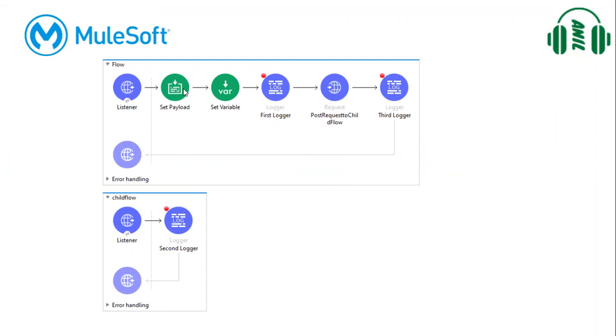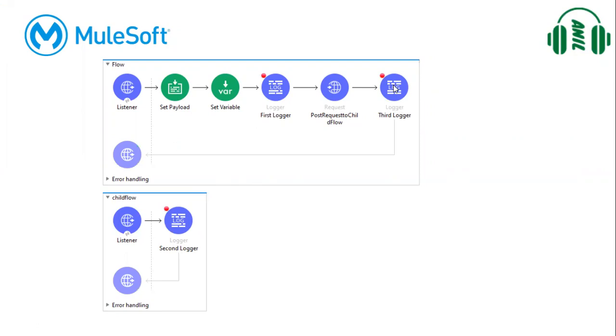As I said, at this place we are calling the child flow using HTTP request, right? So here we are losing our attributes, meaning we are losing our URI parameter and query parameter. Coming to variable, you cannot access the variable in the child flow, but you can access the variable here because it is created in the same flow.